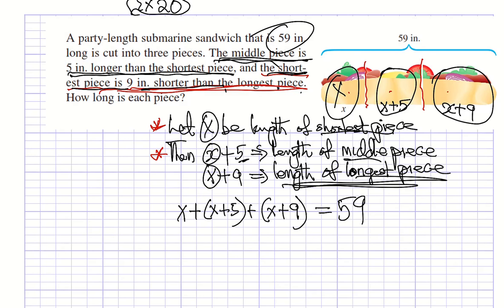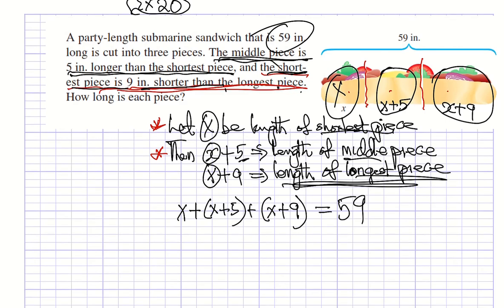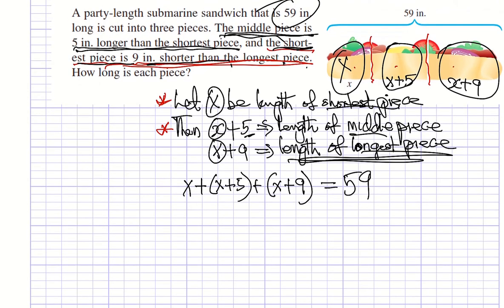So you remove the bracket on the left and combine. If you remove the bracket and combine, you have x plus, oh, I'm sorry, I don't know why I keep jumping the gun here. x plus 9. Okay, it equals 59.